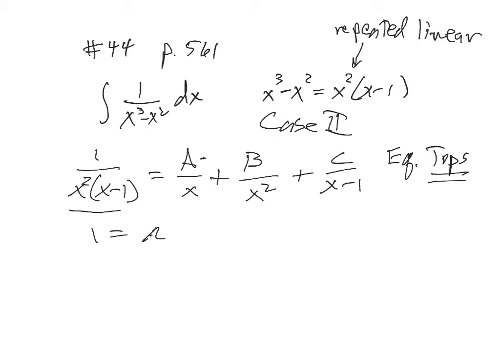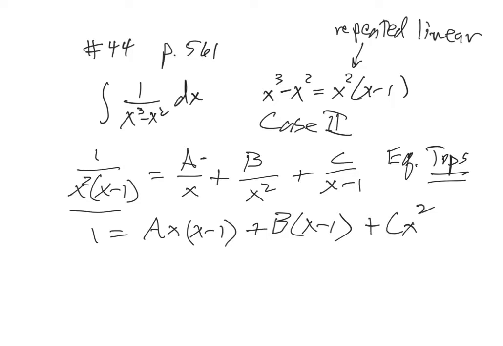That's kind of ugly. Let me clean it up. So A gets the other x, and he also gets the x minus 1. B is already over both x's, so B only needs x minus 1. C is over the x minus 1, but none of the x's. So using the least common denominator, I get that expression.